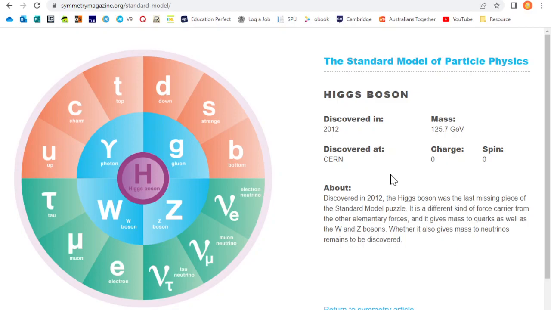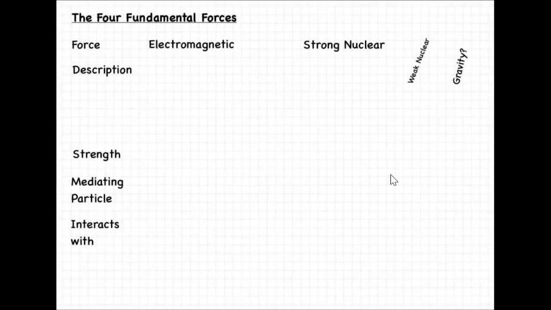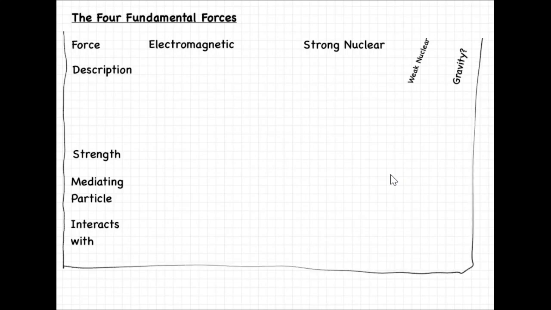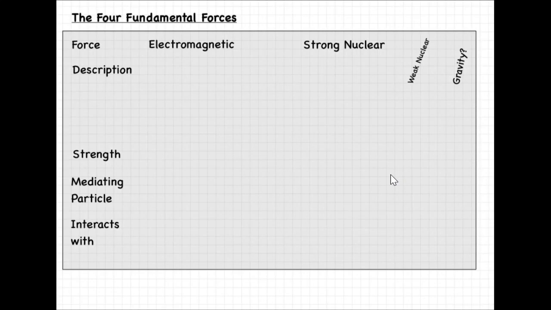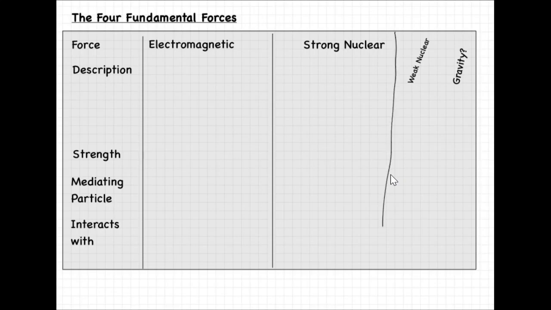What I want us to do is make a table like this, okay? So just to be clear, this is what this table is. It looks something like this. And I'm happy for the weak nuclear force to still get all of this information.